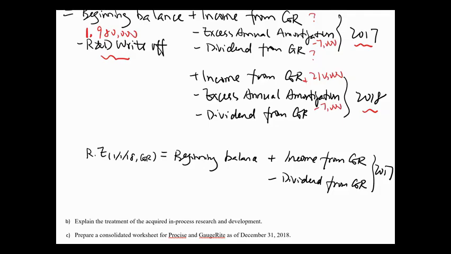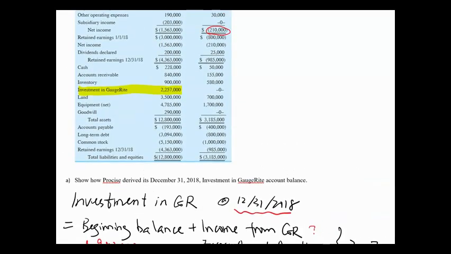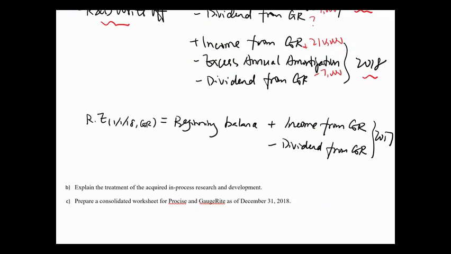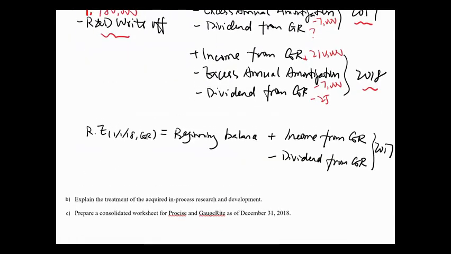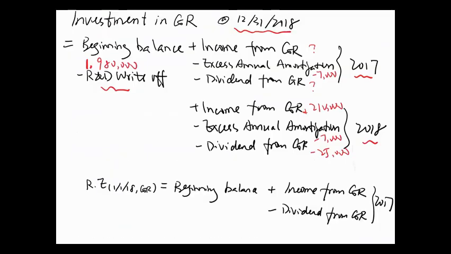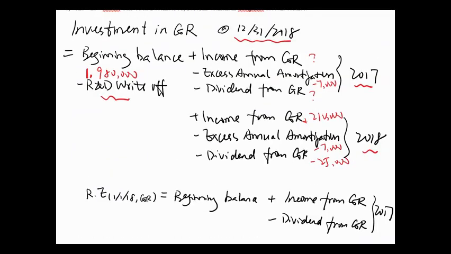And the dividend paid by Goldright is 25,000, which is given. So we have two unknown values, and the next question is how we get the income from Goldright and the dividend from Goldright in 2017.